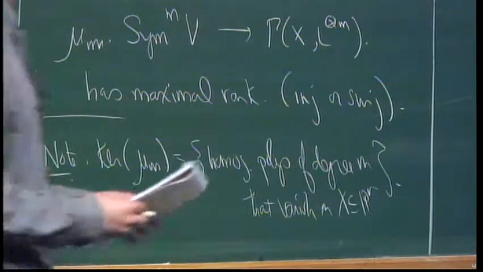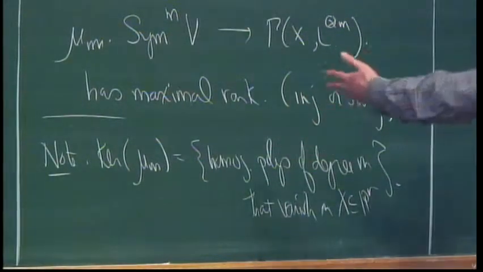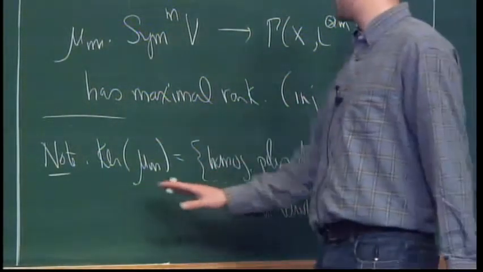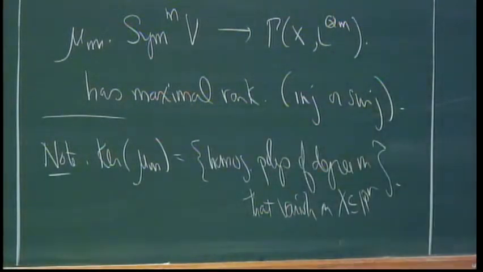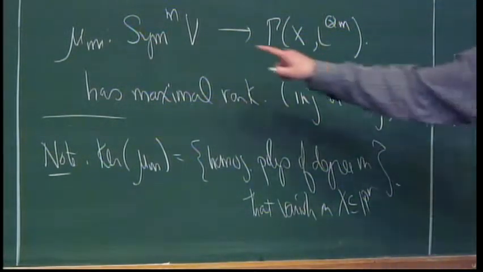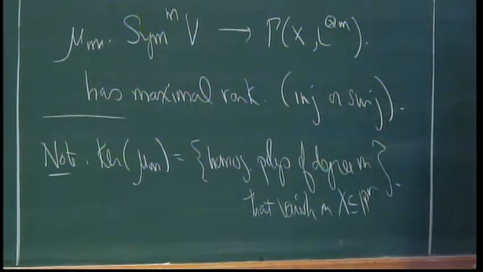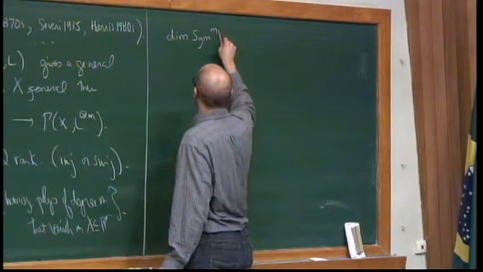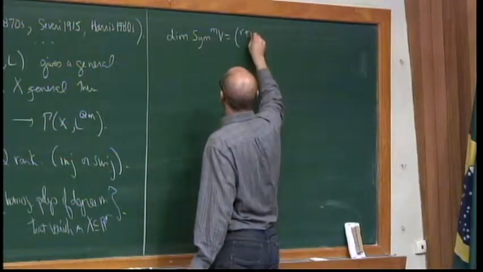So the dimension of the kernel is the dimension of a graded piece of the ideal sheaf. And then we need to know the dimensions of these two pieces. And the dimension of this piece is easy. So the dimension of Sym^m V is (r plus m choose m).